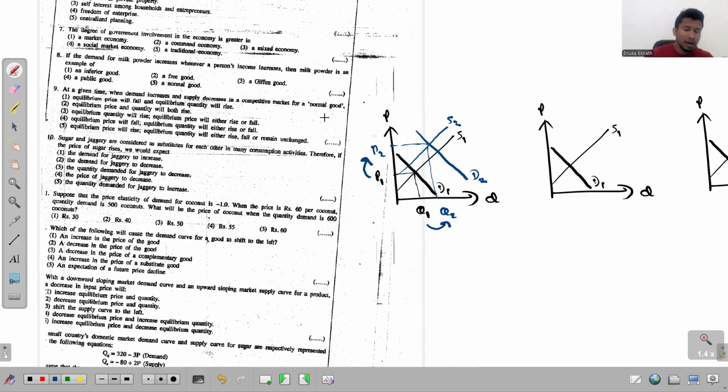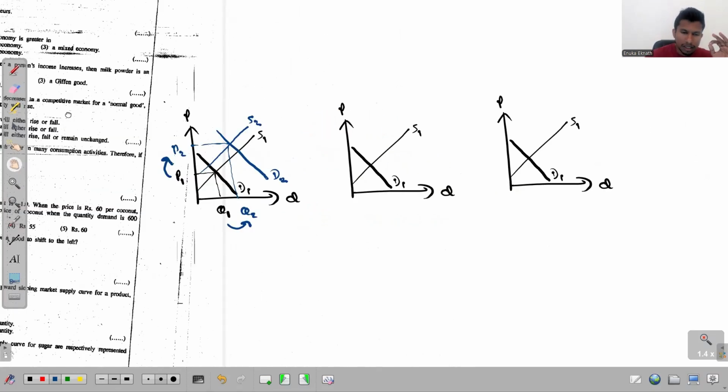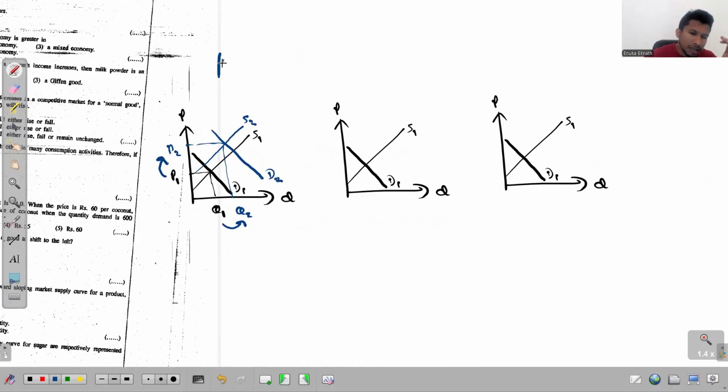So by looking at this graph, you may select the second one to be the answer. But what if this happens? In the given graph, the increase in demand is very much higher than the decrease in supply. But what if I draw the opposite?